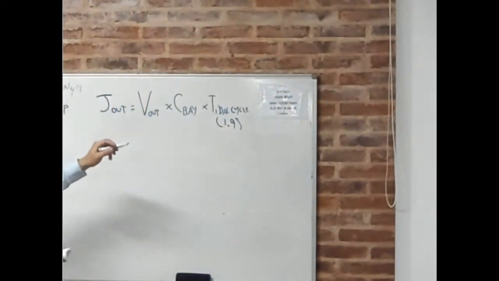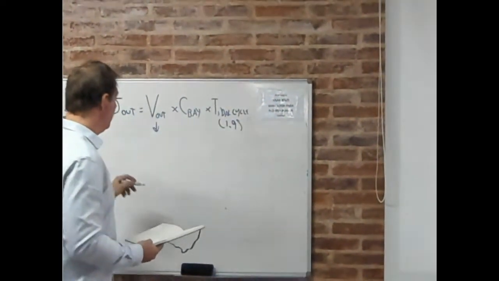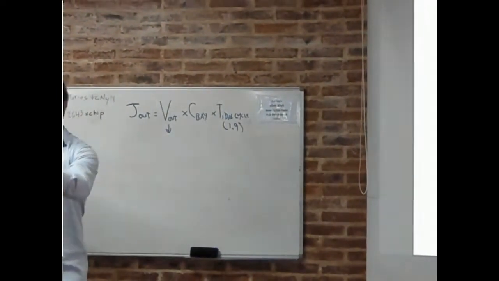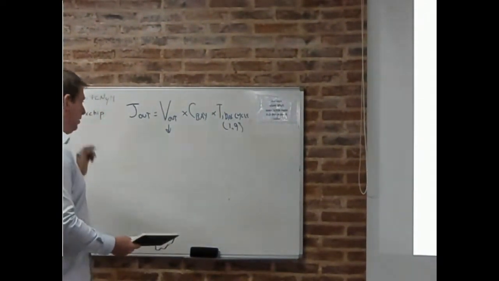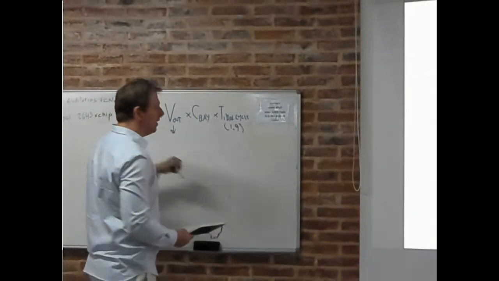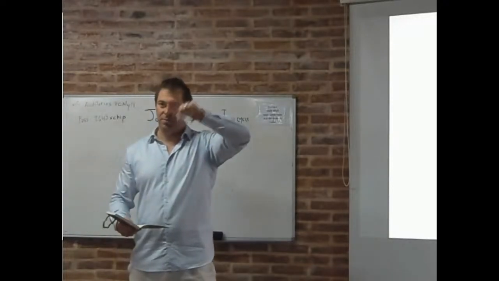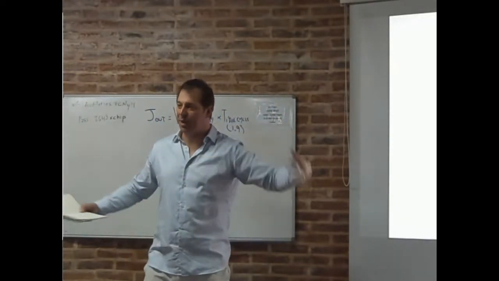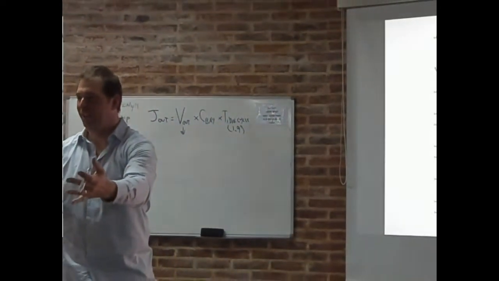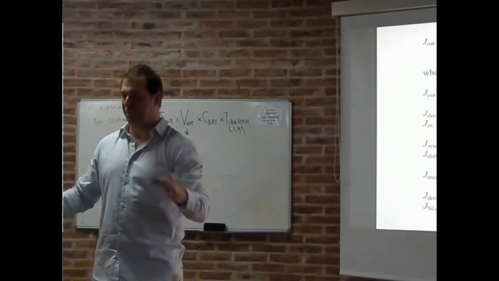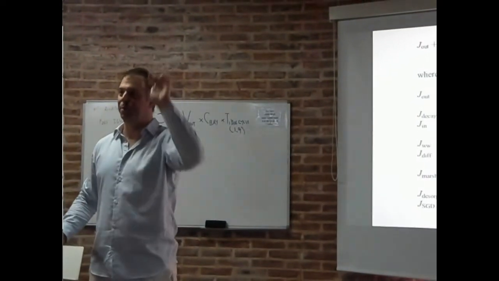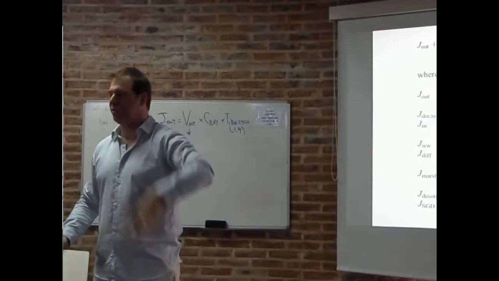V out is the tidal prism that leaves at each low tide. And this is going to be an average over a spring neap cycle. Because during spring tide, we have a lot more water going out than during neap tide. You know what I mean by that, right? Spring tide is when we have the full moon and the new moon and the tides are really high.